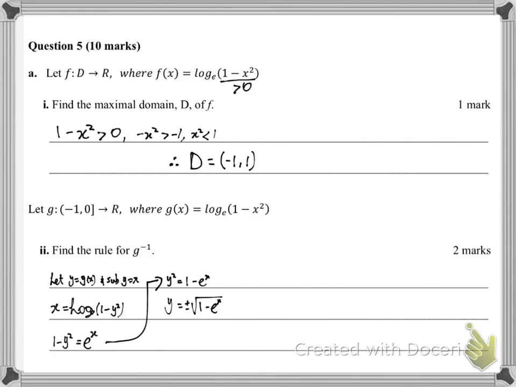So we now check with the domain to make sure that we're going to choose the correct plus or minus sign on the square root. So an important relationship, we've got to consider the range of the inverse function. It's the domain of the actual function itself. So the domain goes from minus 1 to 0.